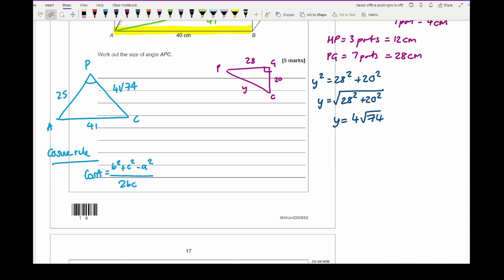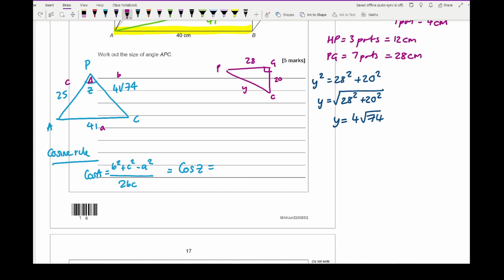Substituting the values in, I'm just going to call this, I can't call it x, I've already used x, let's call it z. So cos z is equal to, and labeling the triangle, if this is a, that's going to be little a, that's going to be b, and that's going to be c.